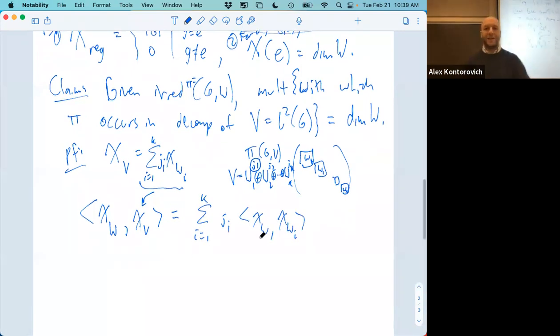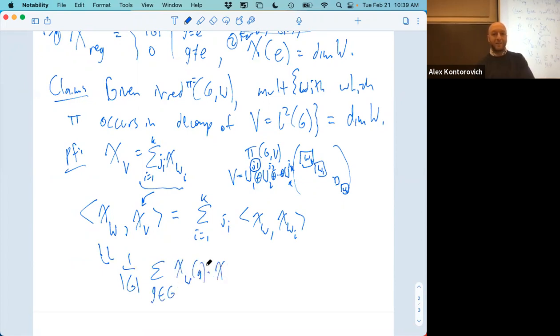And you remember what these character inner products are. By definition, let me just write out the definition. This is 1 over the size of G, and then a sum over g in G of chi of W of g times chi V of g bar. These are now functions on G, so this is the L2 inner product on these functions.